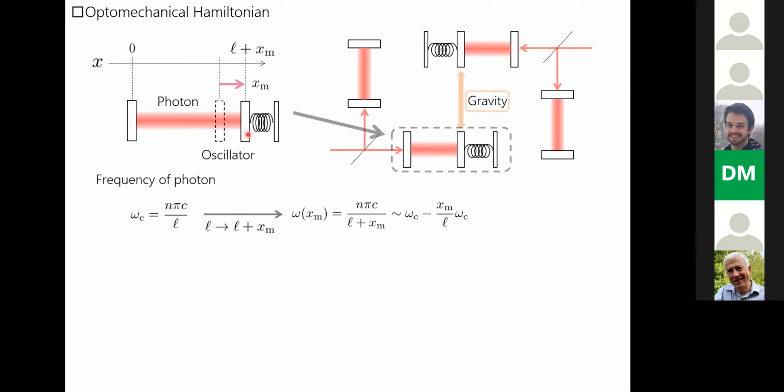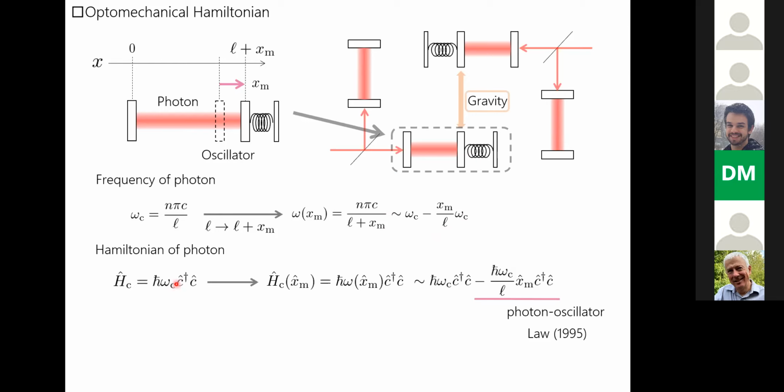Since the spring attached to the mirror oscillates, the length of the cavity varies. Then the resonance frequency of the photon changes by the variation of the cavity length. Assuming that the amplitude of the oscillator is small, the frequency of the photon is approximated as this form.